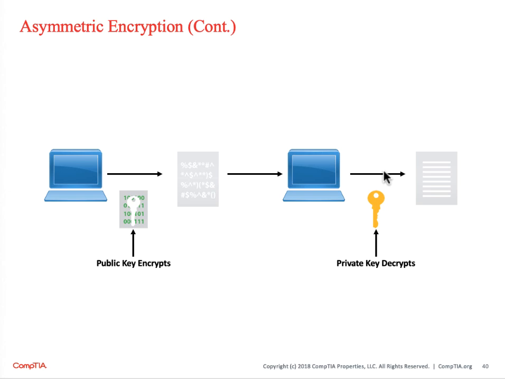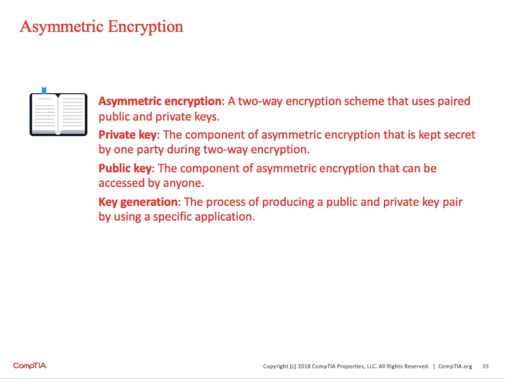Nobody else. Nobody can take my public key and unlock it. It's not going to work. And nobody can use their private key to unlock my public key message that you have meant for me. So that is how we are going to get public key and private key asymmetric encryption down.